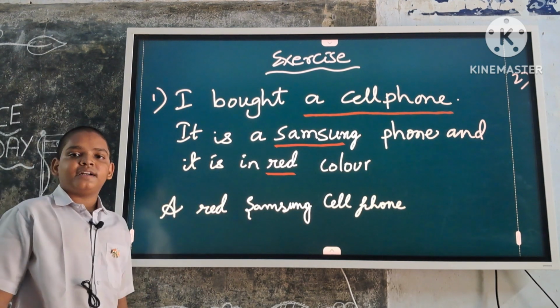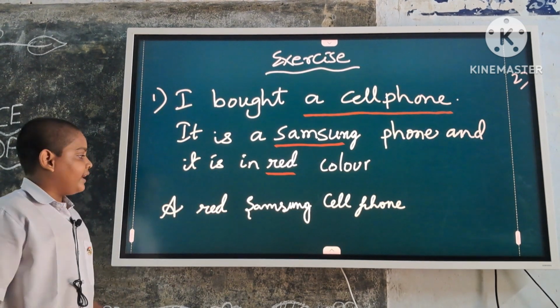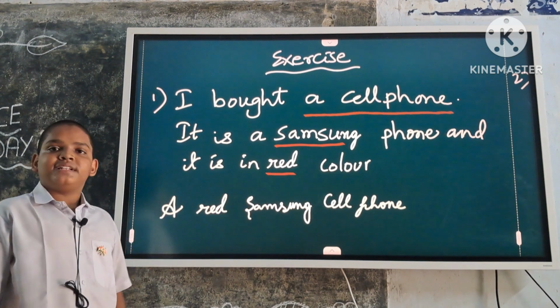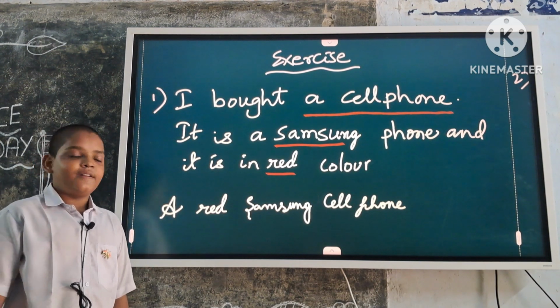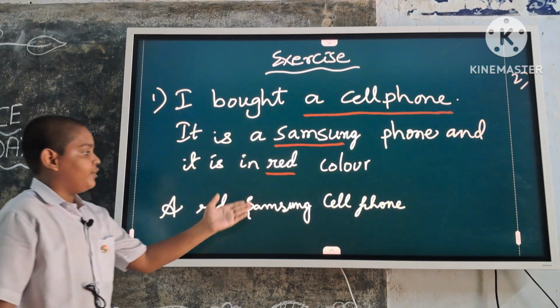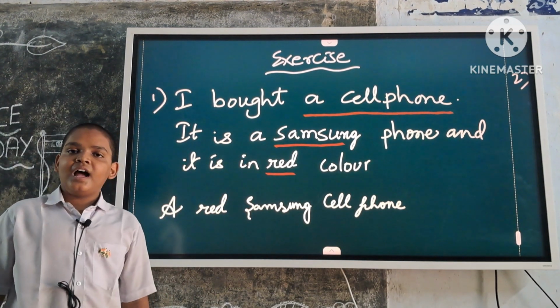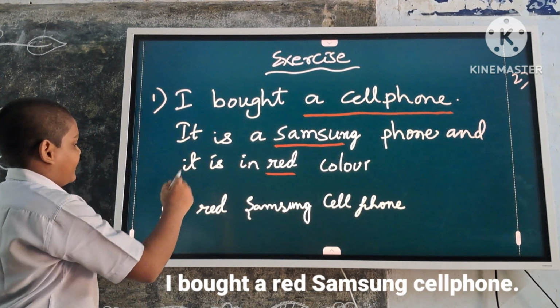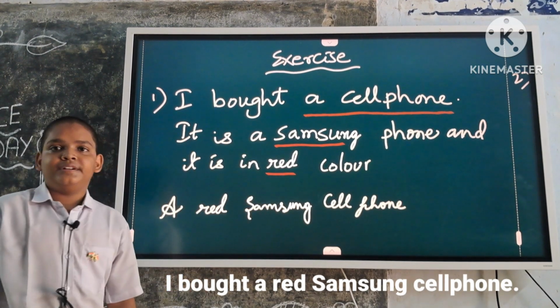Red and Samsung are pre-modifiers. Here, red comes first because it is color. Samsung comes next because it is classifier. Now, replace the previous noun phrase with the newly formed noun phrase. We get the answer. Now, the answer is I bought a red Samsung cell phone.